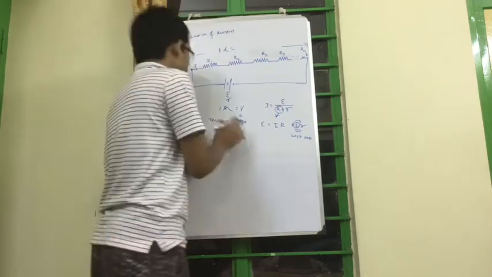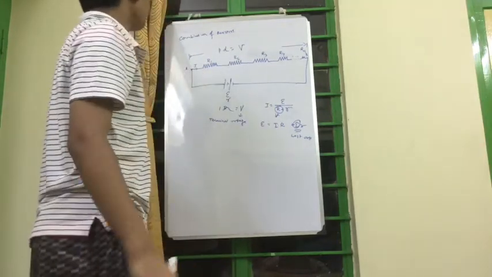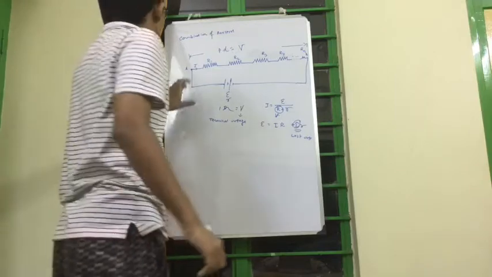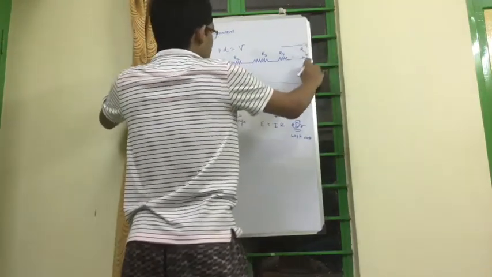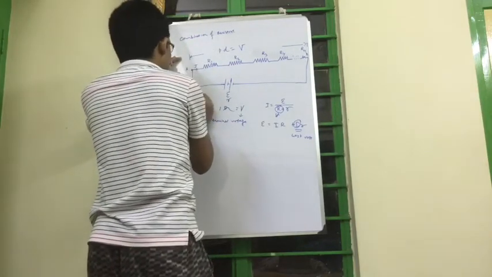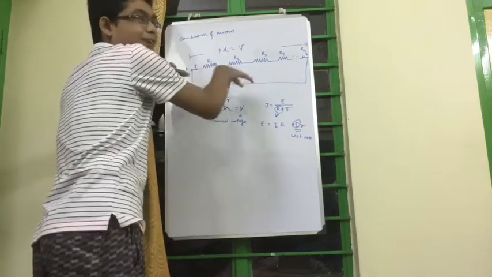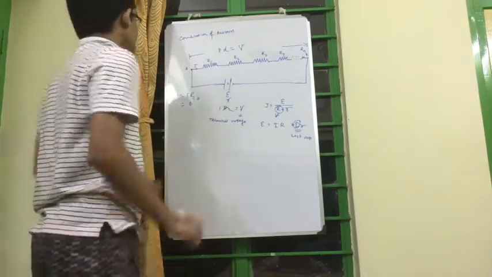No. Okay. Between terminals A and B you have this voltage, because here you don't have any resistance. See, V equals IR. If resistance is 0, then voltage will also be 0. Potential difference will be 0. So here the potential difference is V.